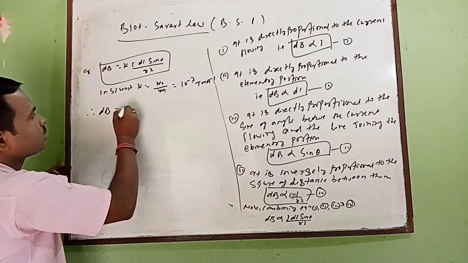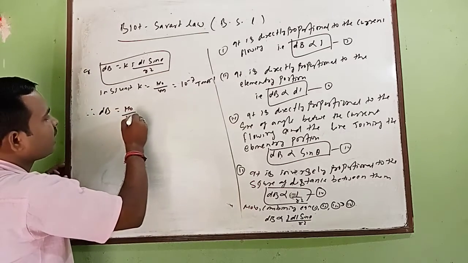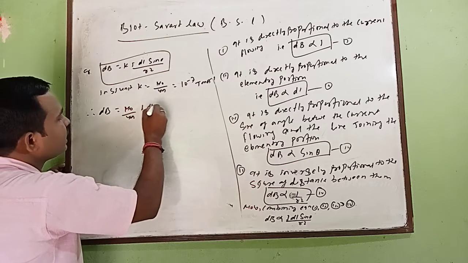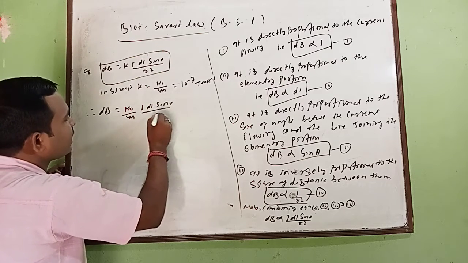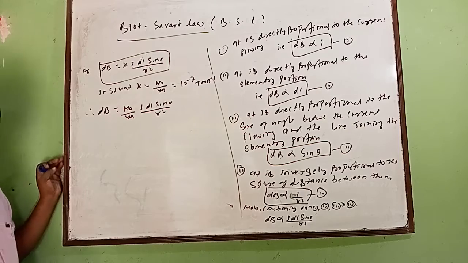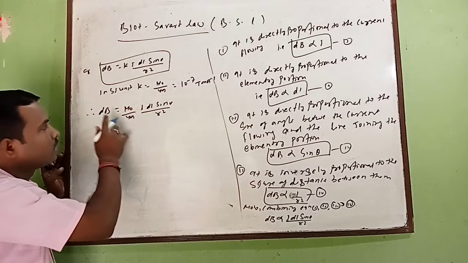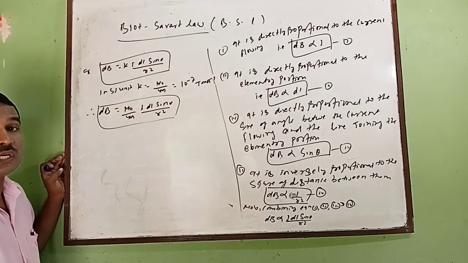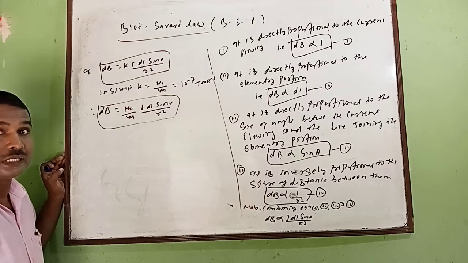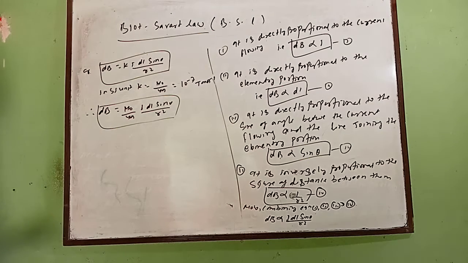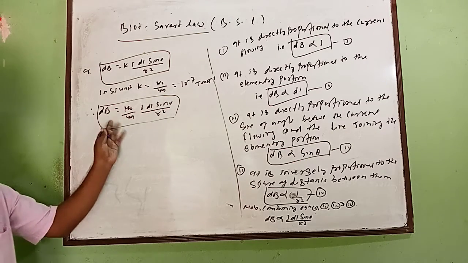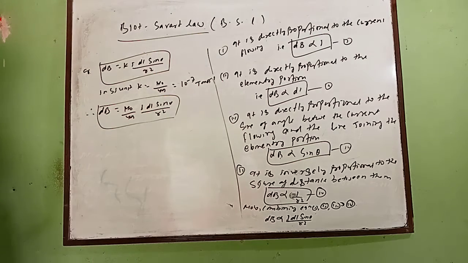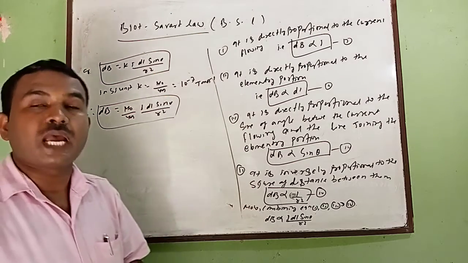Therefore, dB is equal to mu naught by 4 pi into I dl sine theta by r square. You will use this whenever you solve numericals related to magnetic fields. Is it clear? That's a very important question, and you can write this whenever you find the magnitude value.